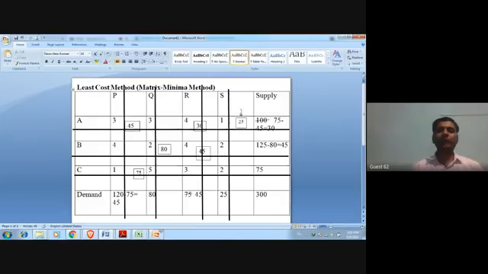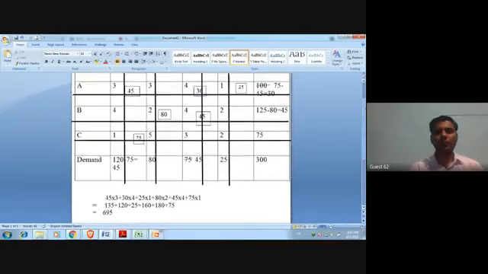After that, I will tell you an unbalanced problem applying all three methods. Actually, I am telling this now in different situations, but when all three methods are completed, before teaching the optimality, I will tell you two more things: one unbalanced problem, and one example with all three methods.